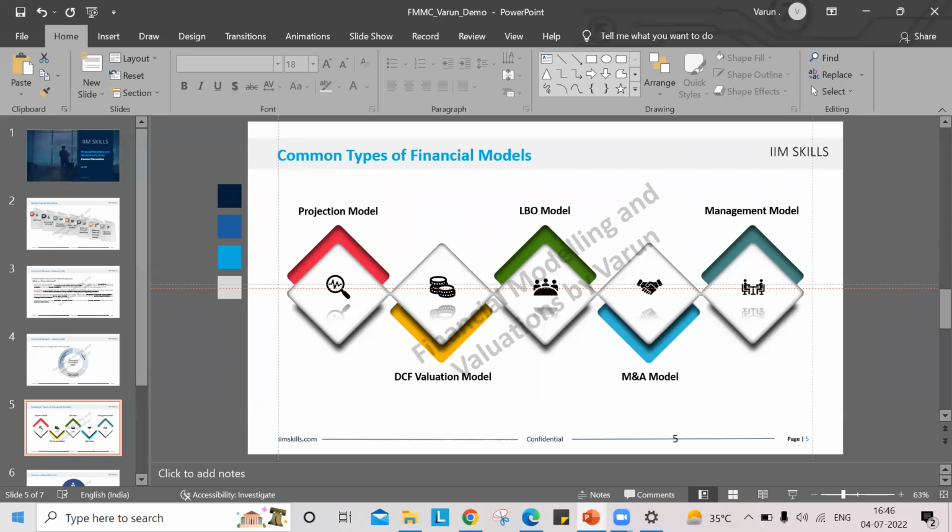And then the M&A model is again a deal model to look at whether a merger or acquisition would make sense. Recently Zomato acquired Blinkit, but many industry experts say that this is just a cash burn. But obviously there would have been a team sitting at the back end doing all the analysis and seeing what the synergy would be.